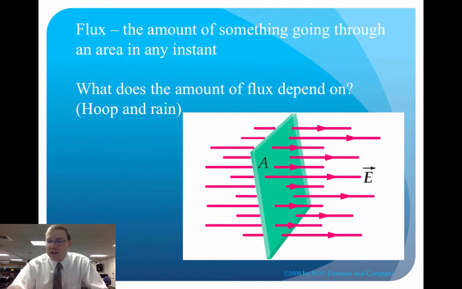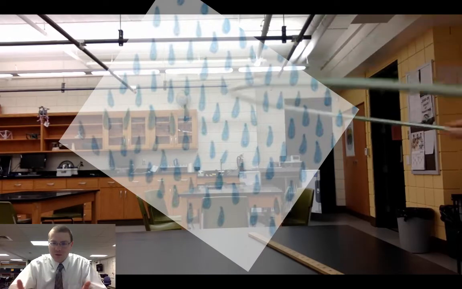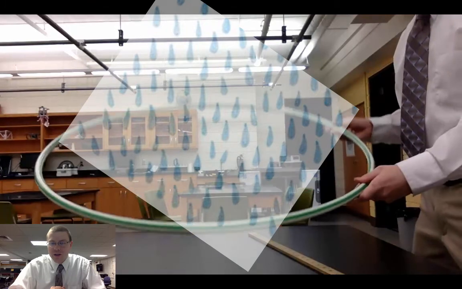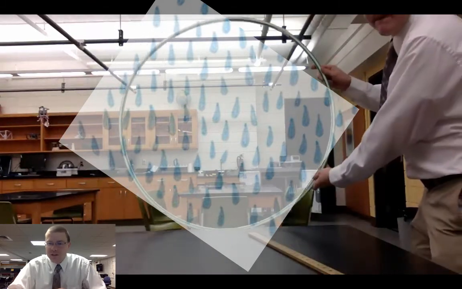So using that idea, we can calculate flux by using the hoop. If we're trying to catch rain, you can see there's two orientations I can have for the hoop. I can have it parallel with the horizon, or I can have it perpendicular to the horizon. And which one will catch more rain?